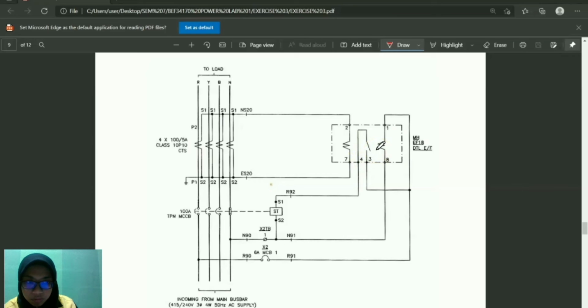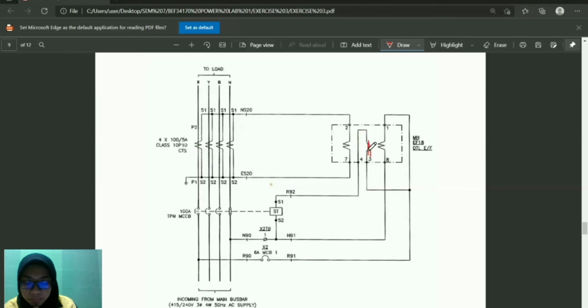So when the relay is in open state, the tapping of the current transformer here, the current transformer will receive a magnetizing current. Then it will produce an output, and that output is required to operate the relay, and the overcharged current will flow and trigger the relay to be in closed state.